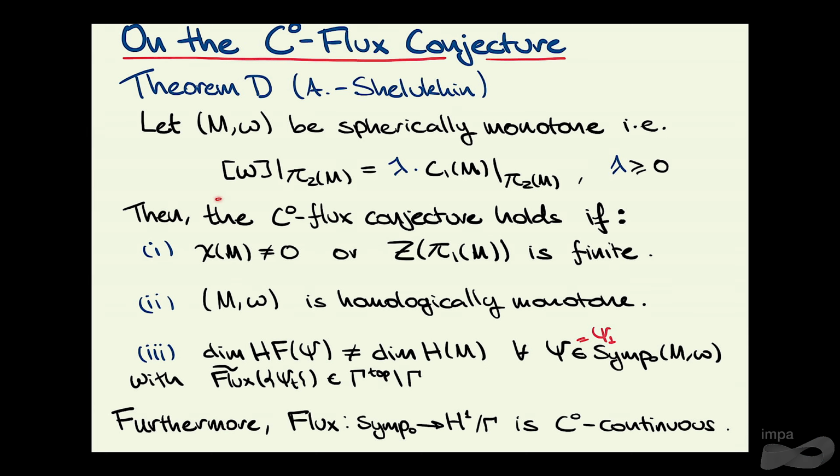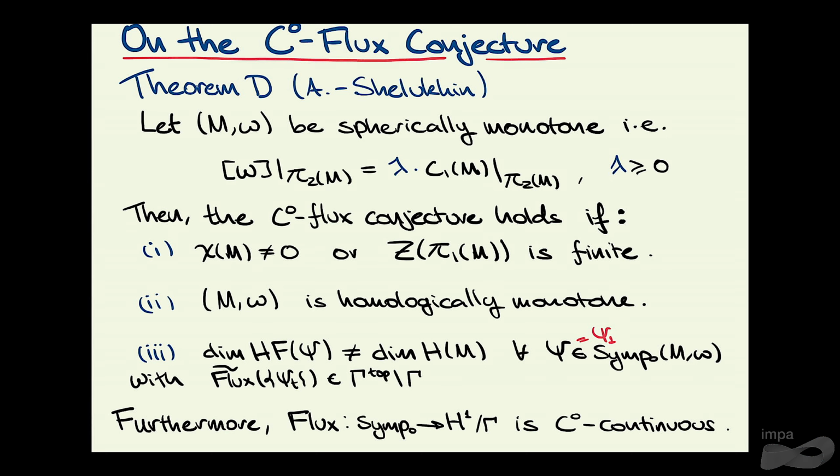Furthermore, if this proportionality holds over all of H2, not just spherical classes, so what people usually call monotone, then the C0 flux conjecture just holds with no further assumption. So Ham is equal to Ham 0.